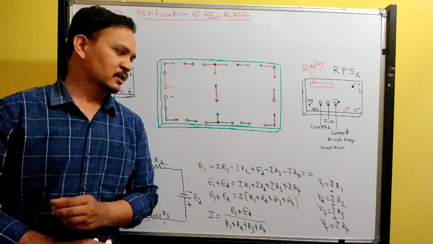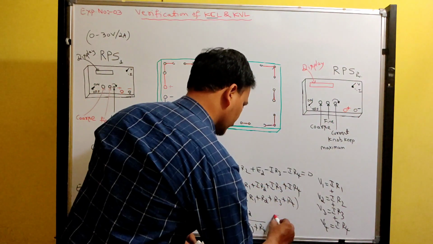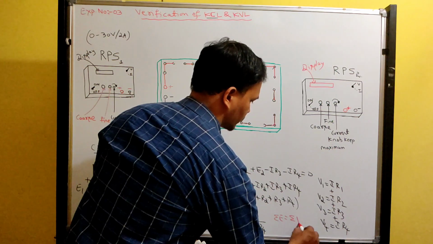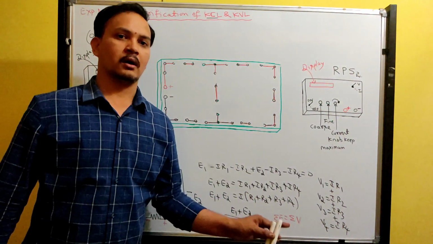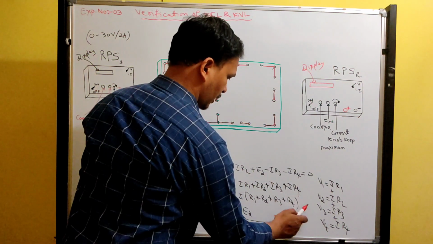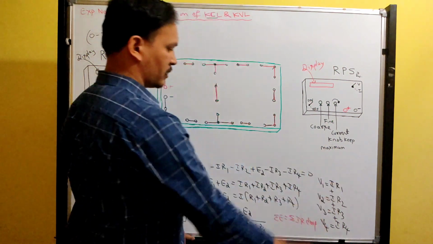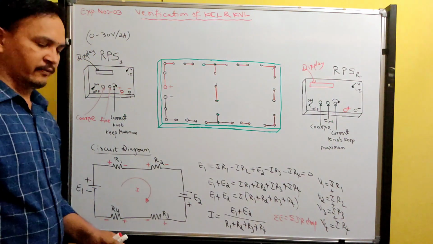Got it? That is also another statement. So you are going to verify that the summation of EMF sources should be equal to the summation of voltage drops, the V or IR drops. Both are correct. That is what you are going to verify.